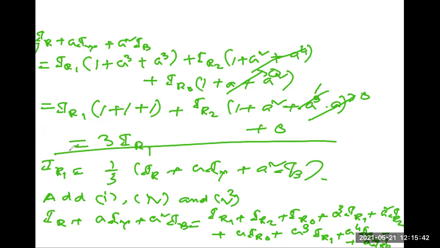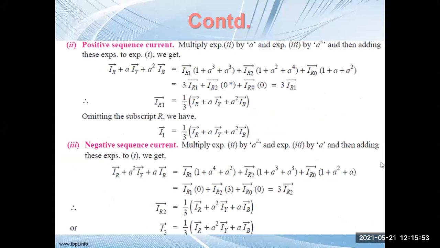This is actually the derivation. So that's what we have written. Clear? Any doubt? No, sir. Okay, so next, positive sequence current can be expressed like this: I1 equal to 1/3 of IR plus A into IY plus A square into IB.